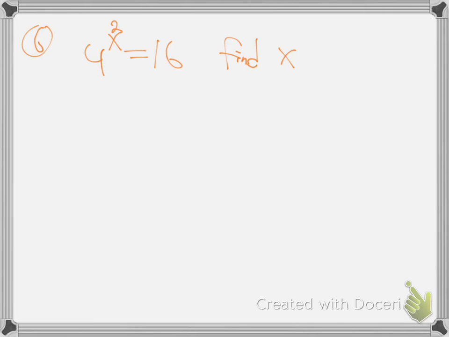If x is 2, then 4 squared is 16. 4 times 4. So that one we can solve by observation. Does that make sense? We'll just call that solving by observation. I didn't really do anything. I just looked at it and went, oh, yeah, the answer's 2.